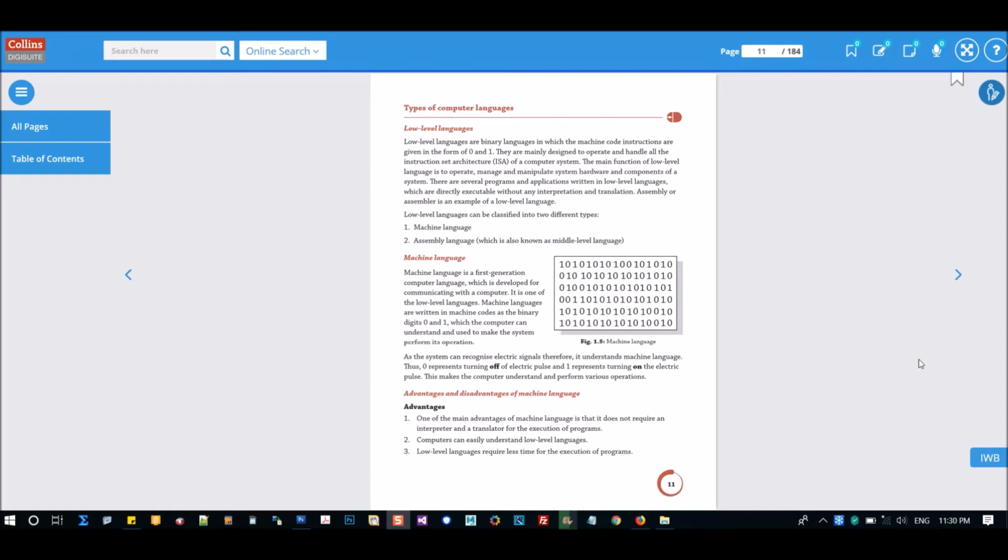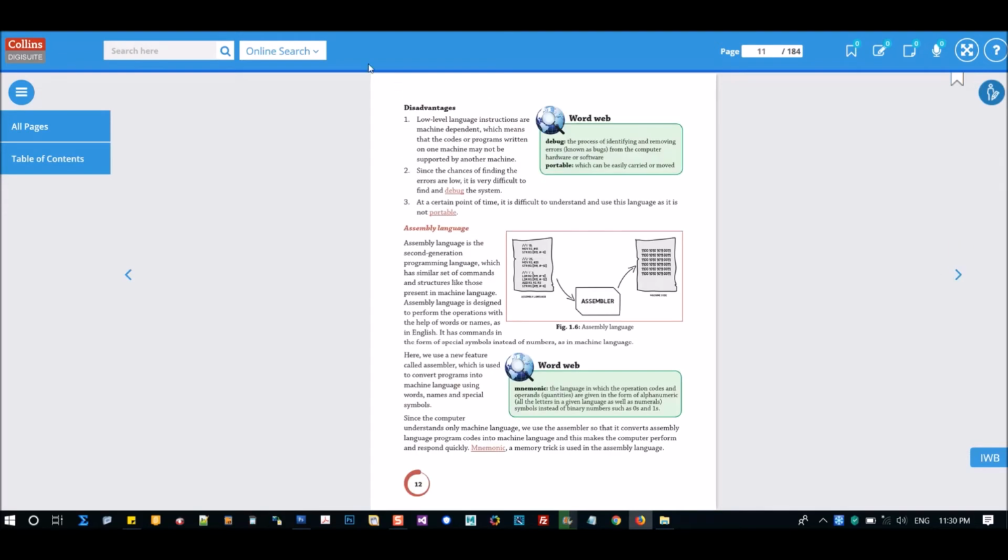Let's go to the next page now. Next page we have the disadvantages of low level language. Low level language instructions are machine language, which means that the codes or programs written on one machine may not be supported by another machine.